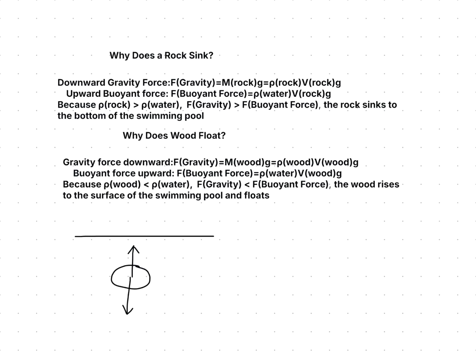The downward gravitational force is the mass of the wood times g, which is the density of the wood times the volume of the wood times g. The buoyant force is given by the density of water times the volume of wood times g, because the wood is totally submerged in the water. Because the density of the wood is less than the density of water, the gravitational force going down is less than the buoyant force. Therefore, the wood rises to the surface of the swimming pool and floats.